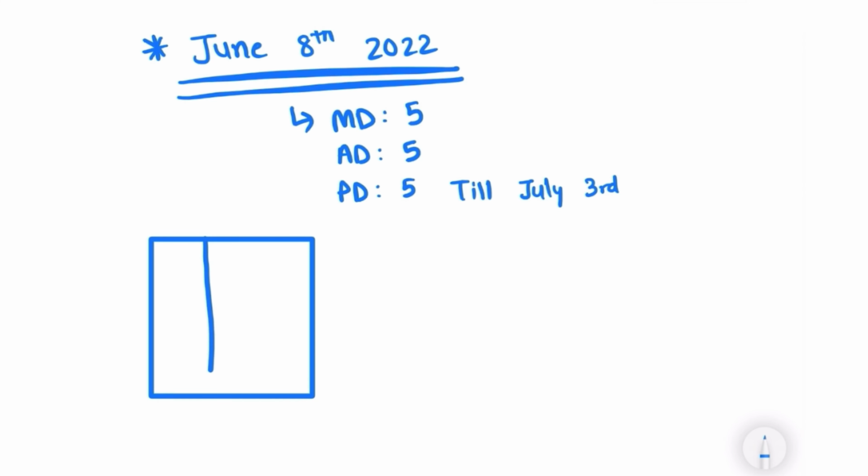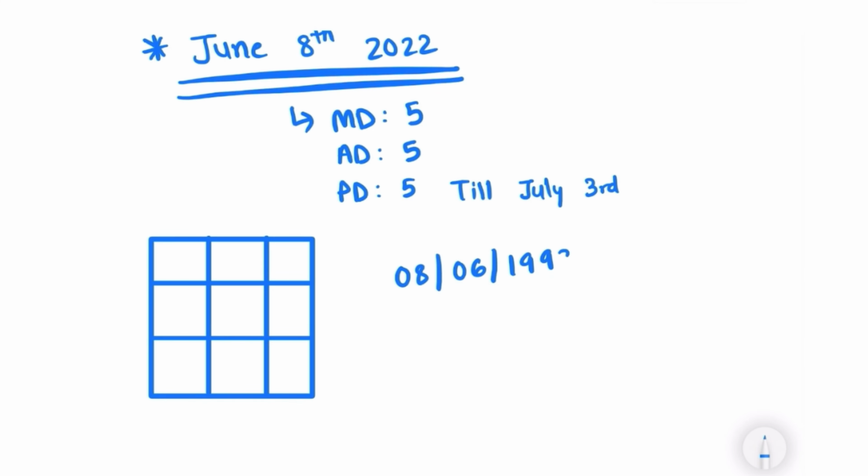If I make a grid for this person, okay, this person's actual date of birth is June 8th, 1993, right? Day, month, year. This person's destiny number is 9 and basic number is 8.